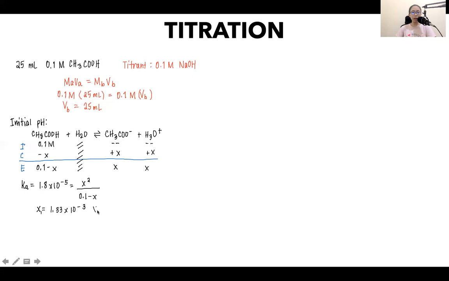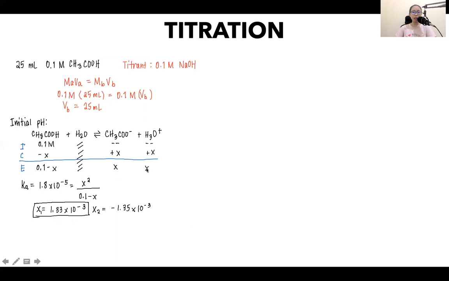And the second root is negative 1.35 times 10 raised to negative 3. The answer that makes sense is the first one, the positive root, because if we take the negative one, we will get a negative concentration for acetate and hydronium ions. So we will take this as X.